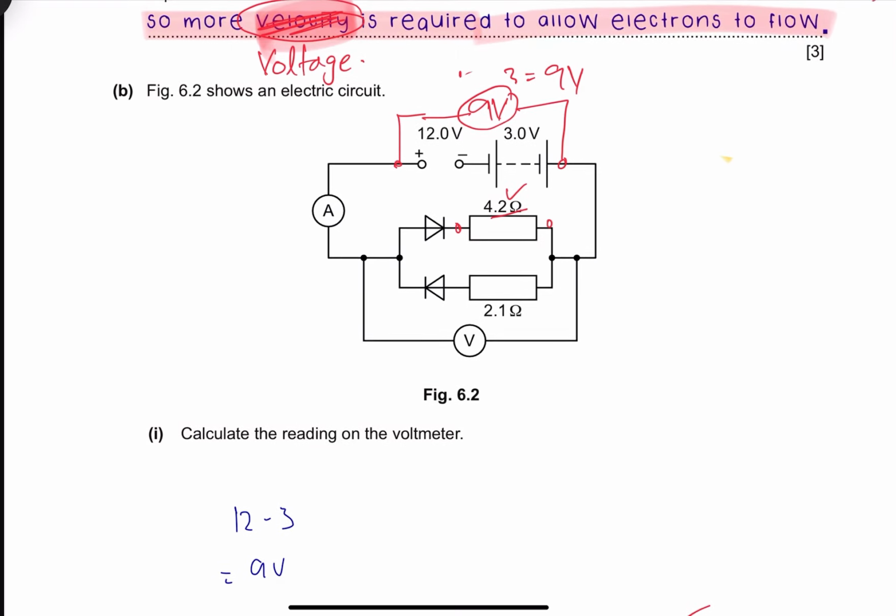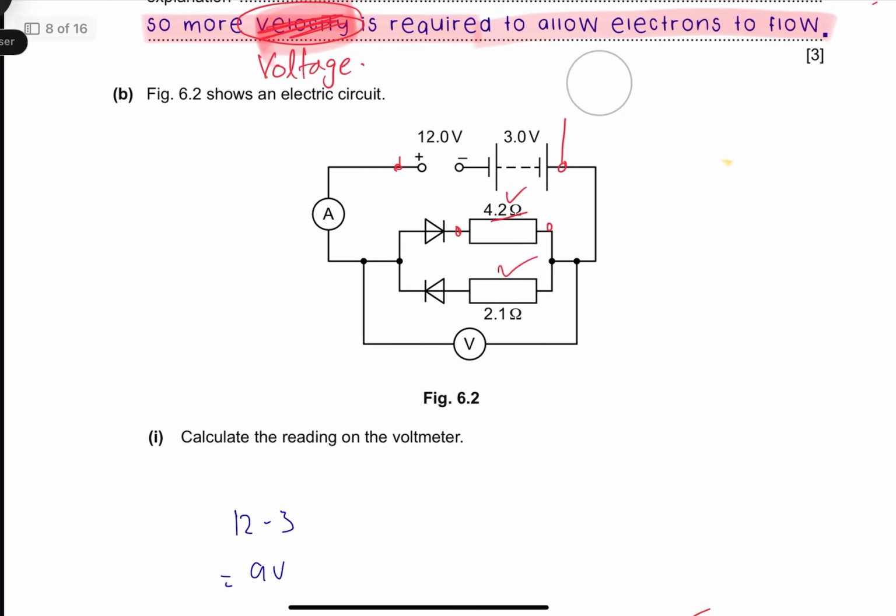Okay, for this we should know about the diodes. This is a diode basically. If this side is attached with the positive terminal and this side is attached with the negative terminal, current will flow. This is forward biased.